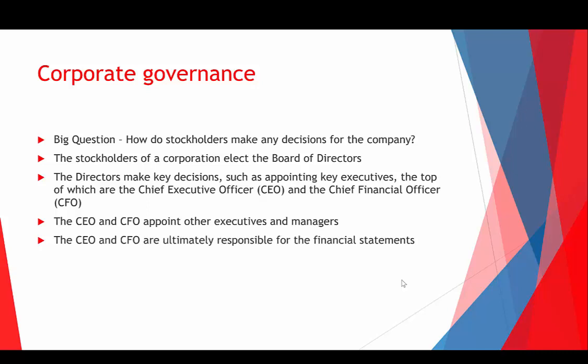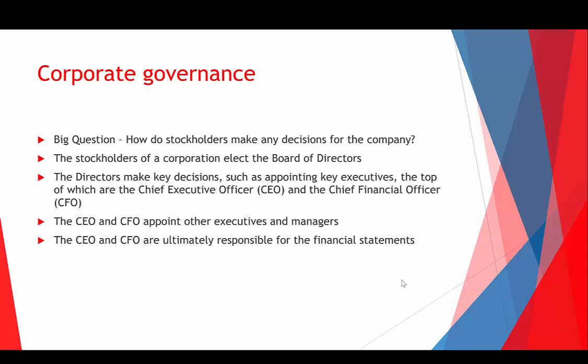Yeah, and actually I want to add a couple of things on this slide here. If you're looking for a visual, think of it as an upside-down pyramid, where there's going to be a lot of stockholders of most corporations, and so they're going to be the biggest level. They're going to pick the board, and then the board picks CEO, CFO to run the company.